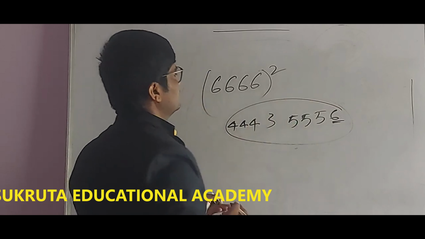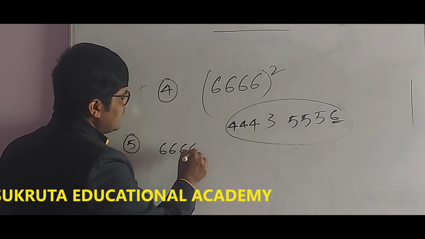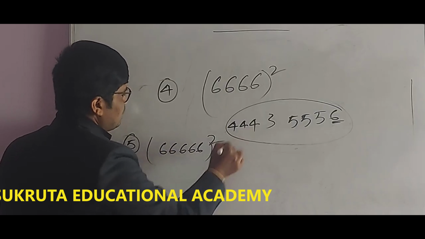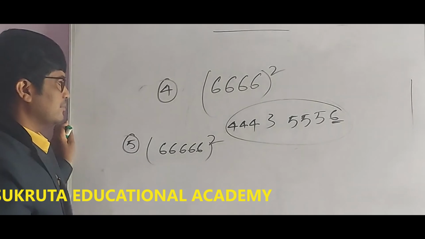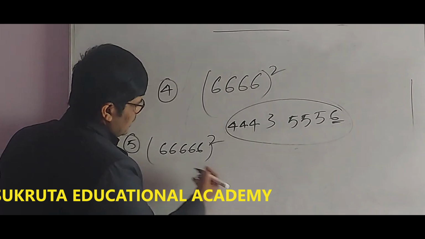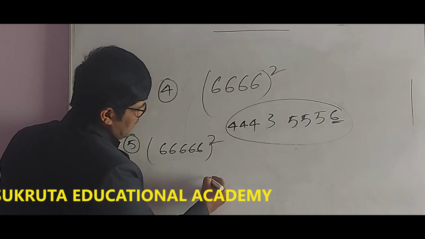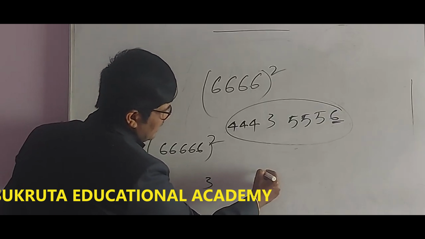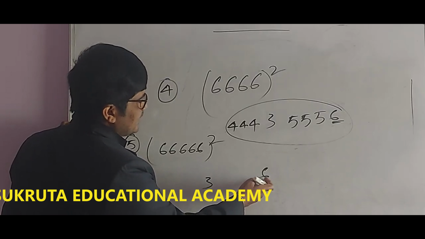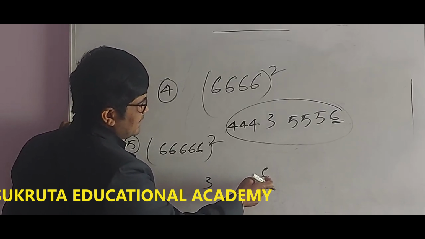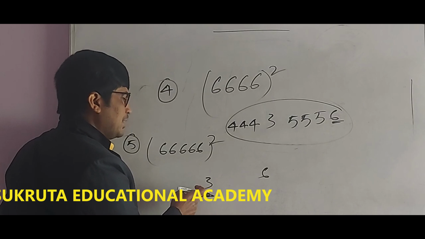So in the same style we can take another problem. This time I am taking a 5 digit number, 66,666 whole squared. Now I am writing 6 squared means 36. 3 will be here and 6 will be here. The lesser digit is 5, and the greater than 3 is 4.